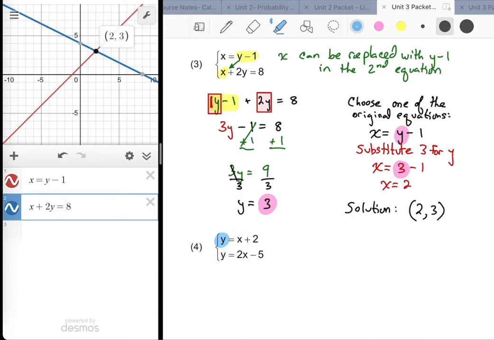Alternatively, you could look at it and say, if y is equal to x plus 2, what it's telling me is that y can be replaced with x plus 2 in the second equation.